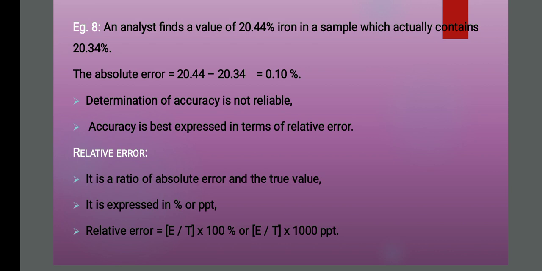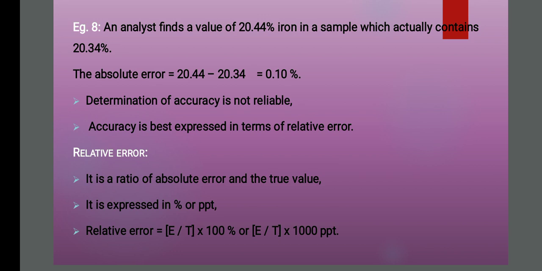That is, accuracy is best expressed in terms of relative error. Compared to absolute error, relative error is more accurate. Relative error is the ratio between absolute error and the true value. Initially you calculate the absolute error, and from the absolute error you calculate relative error by dividing by the true value.